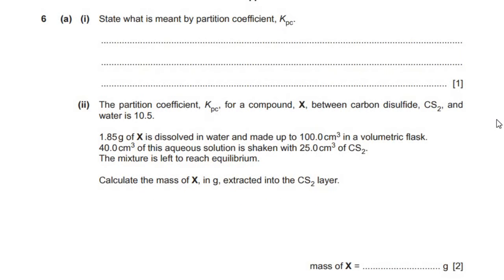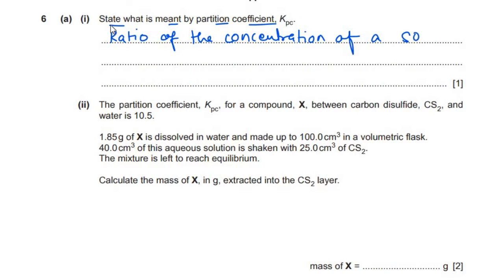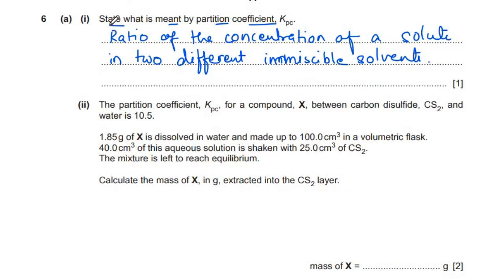Let's go ahead with question 6, where it says, question 6, A part, state what is meant by partition coefficient KPC. Now partition coefficient is the ratio of the concentration of a solute in two different immiscible solvents, that is partition coefficient.